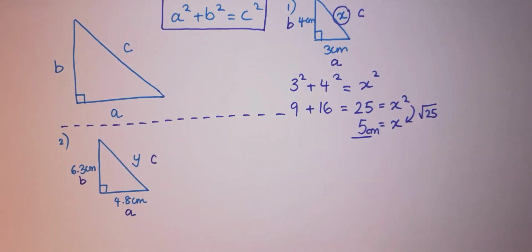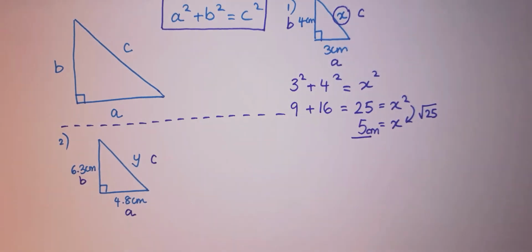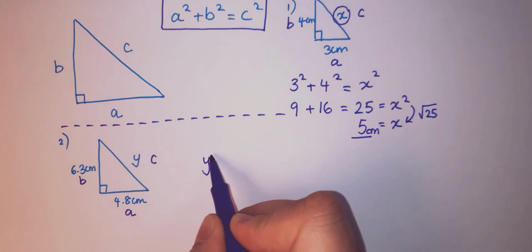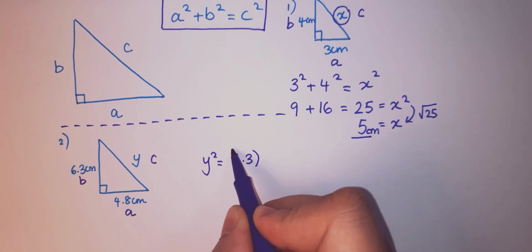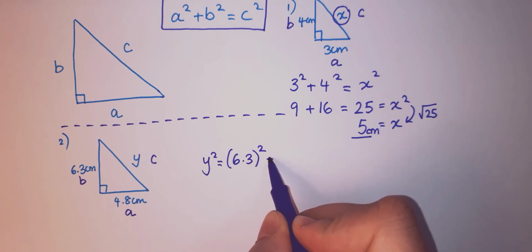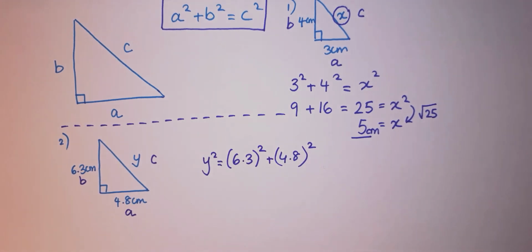So now that we've labeled the triangle and we've recognized that we need to use Pythagoras' theorem, all we do is substitute the values in. So if I write it in an easier way just for you to understand it better, we can write y squared is 6.3 squared plus 4.8 squared.